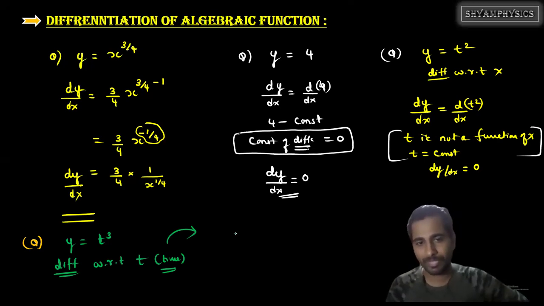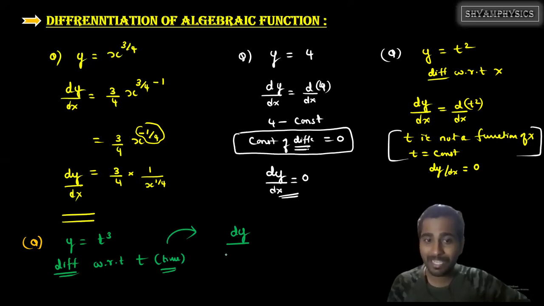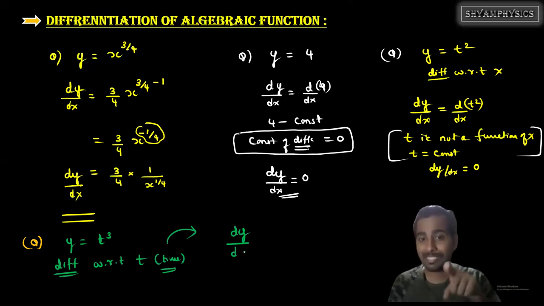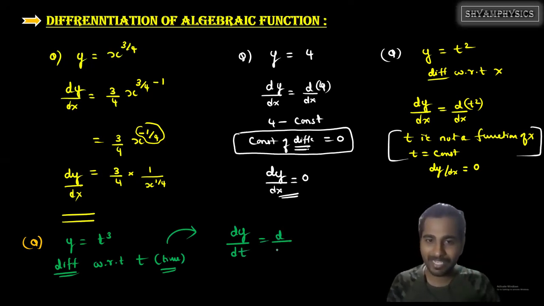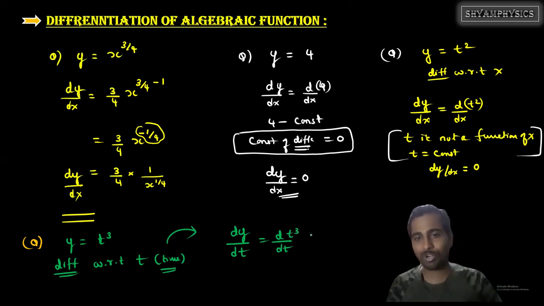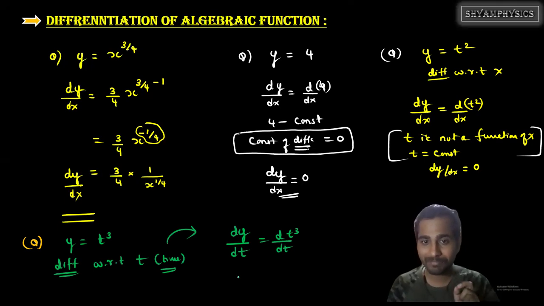Now simple. What we need to do? This time it will not be 0. dy by dt, with respect to t I told, means instead of x, what you need to write? t. Next to that, d by dt of y, which is t cube. Now cross check. This is a function of t and we can differentiate it with respect to t. So what will be the correct answer? First shift the power, then t to the power 3 minus 1.